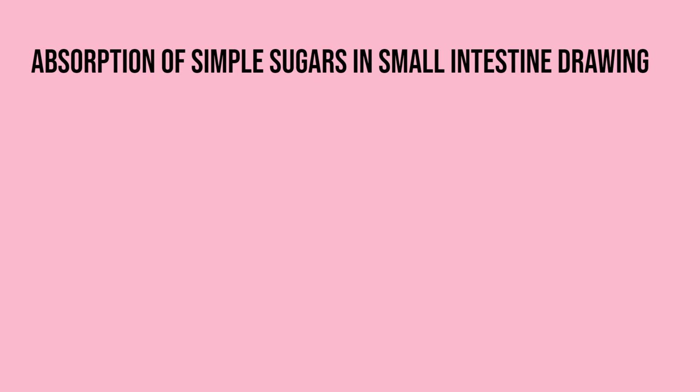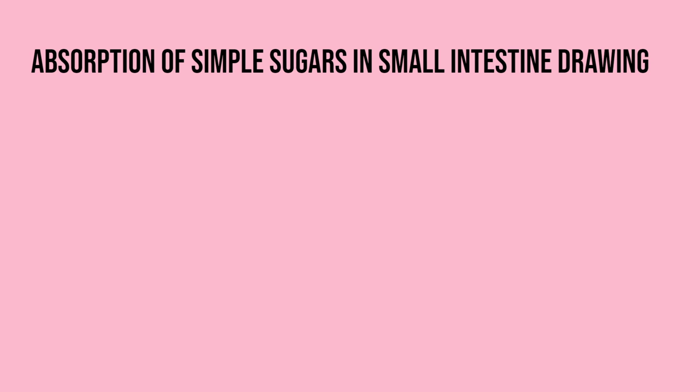So now two of those simple sugars, glucose. This marker is terrible. I'm going to use blue. So that's glucose and galactose, which are part of your food. And then you have fructose. So these all need to get absorbed into the blood.